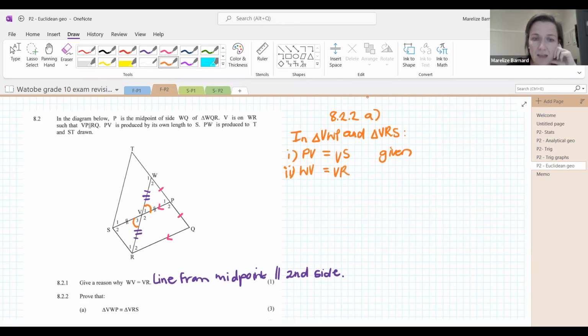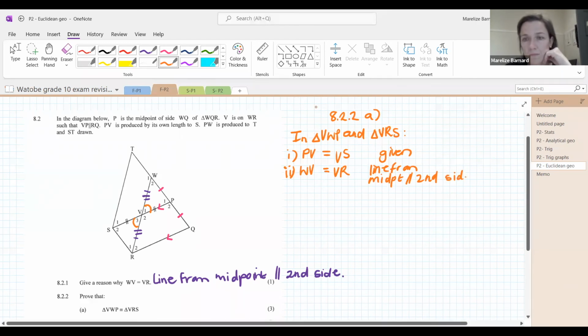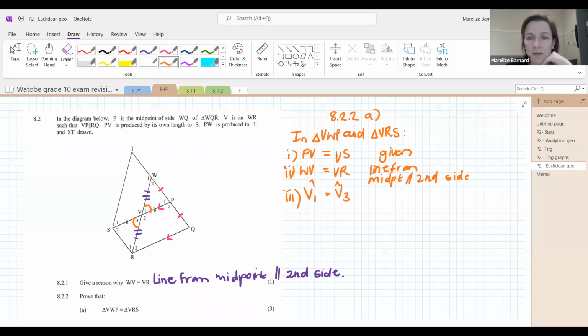And the reason there is, you can use converse midpoint theorem as well, or you can say line from midpoint parallel second side. And then our last one is angle V1 equal to angle V3, and that's vertically opposite.